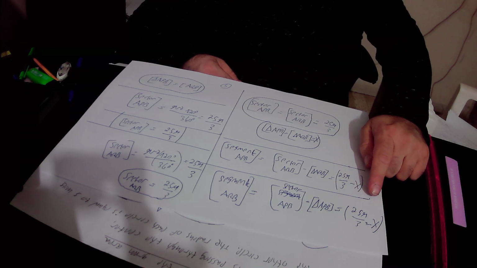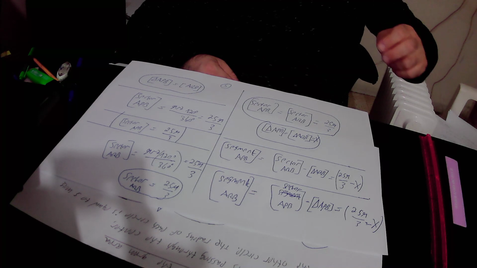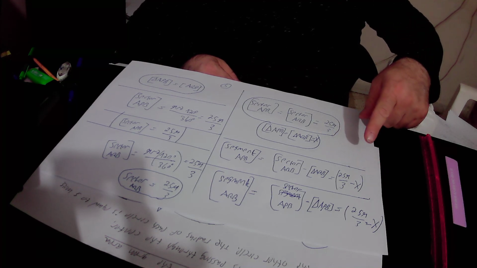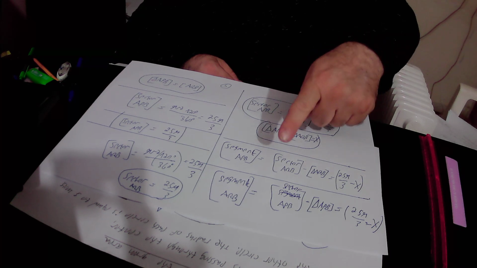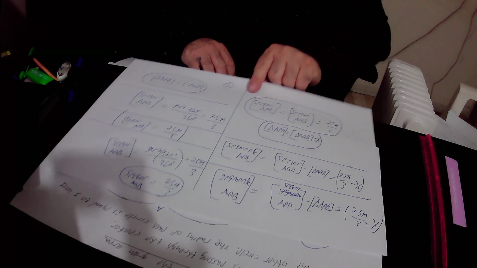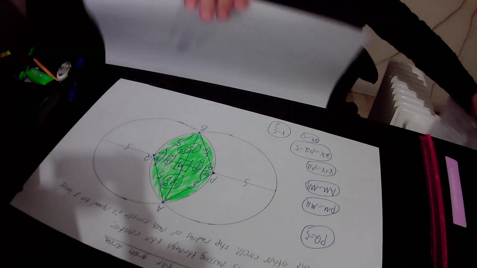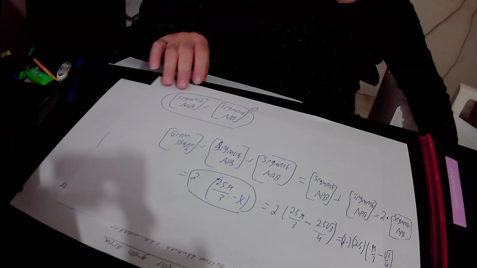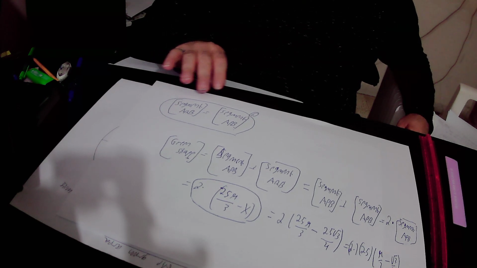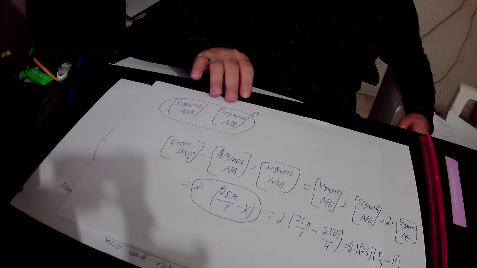So in conclusion, the area of segment AQB also equals 25 pi over 3 minus x square units. So we found out that the area of segment APB equals the area of segment AQB. Again, the area of segment AQB equals the area of segment APB.